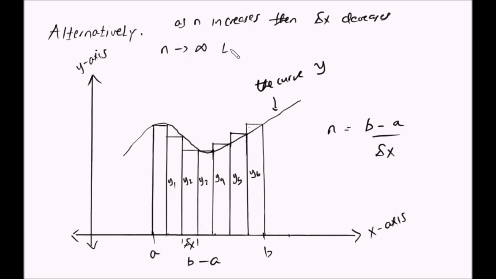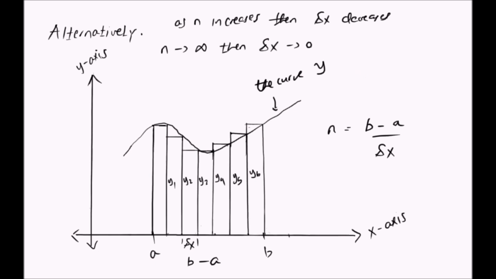Infinity. Manake nini? Manake delta x itakuwa na approach to 0. This is a very important thing. Okay, manake ni kwamba idadi ya rectangles zinakuwa nyingi, delta x itakuwa ndogo sana. Idadi ya rectangles zinakuwa nyingi to infinity, delta x inakuwa ndogo to 0.